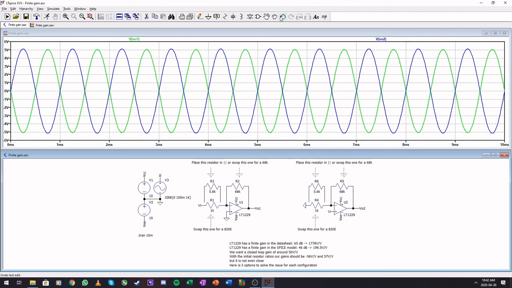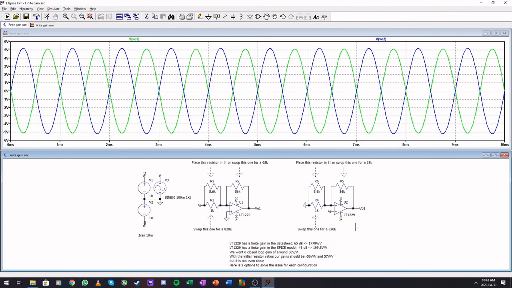Okay, and the last one is the parallel connection. So let's just connect these resistors like so, run it, and there is almost no change in the simulation. So all three solutions actually work.